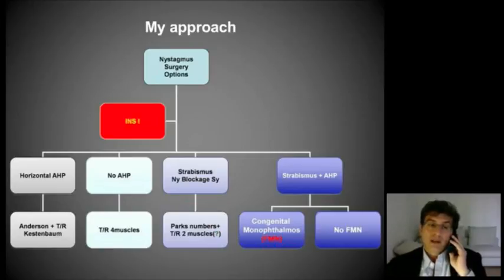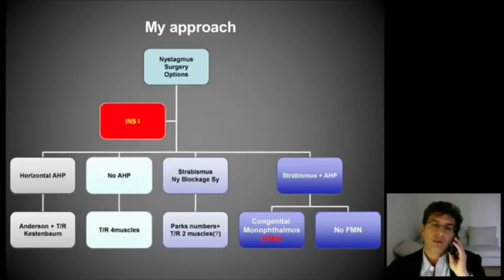When I treat patients with albinism, for example, they do not have anomalous head posture, so what I do is always the same procedure, that is a tenotomy reattachment of the four horizontal muscles. Another approach is for nystagmus blockage syndrome, in which we have a strabismus at distance.